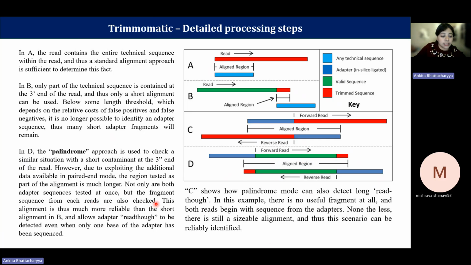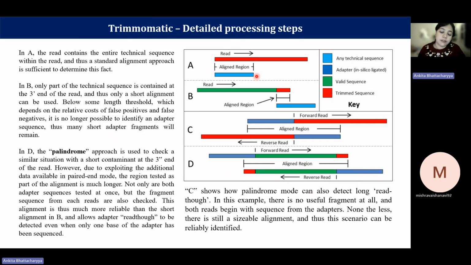So this alignment is a lot more reliable than the short alignment in B and allows adapter read through to be detected even when only one base of the adapter has been sequenced. That makes it a very sensitive and specific strategy for trimming.